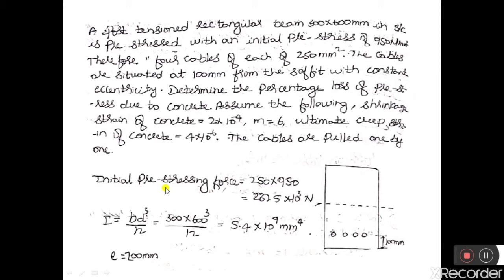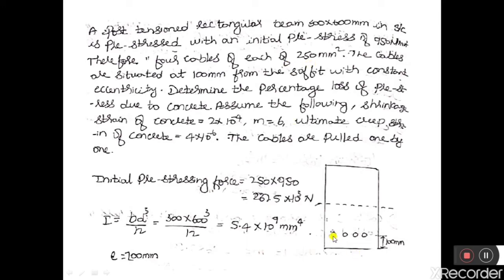It is equal to 250 into 950, that is area into stress. We know stress is equal to load by area or force by area, therefore force is equal to area into stress. Therefore the initial pre-stressing force is equal to 237.5 into 10 to the power of 3 Newton or 237.5 kilonewton. So 237.5 kilonewton is the initial pre-stressing force applied for each cable.